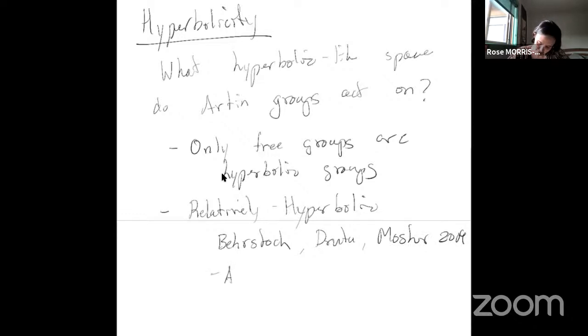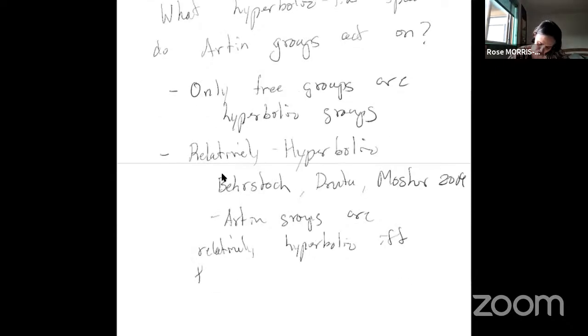They say that Artin groups are relatively hyperbolic if and only if they are freely decomposable. So if my Artin group is actually a free product of two smaller groups, then it's going to be relatively hyperbolic with respect to those smaller groups, and otherwise it's not.